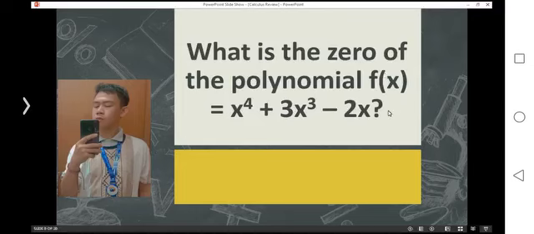And p over q is equal to 0. The correct answer is negative 1 and 0. So one of the zeros here is 0. Then apply the synthetic division. Then apply the quadratic formula or factoring to get negative 1.